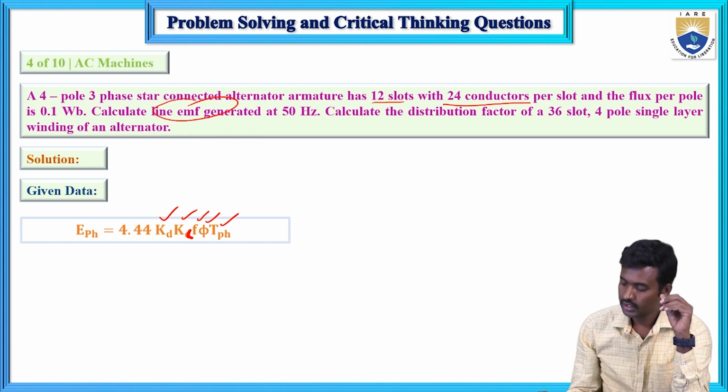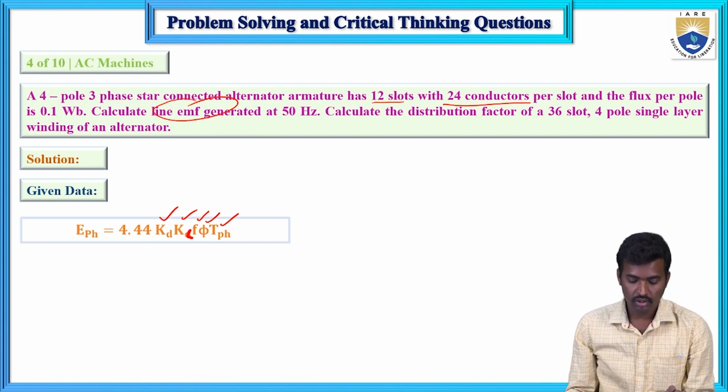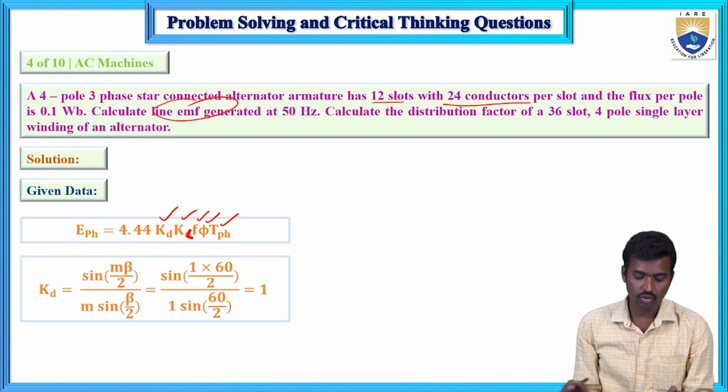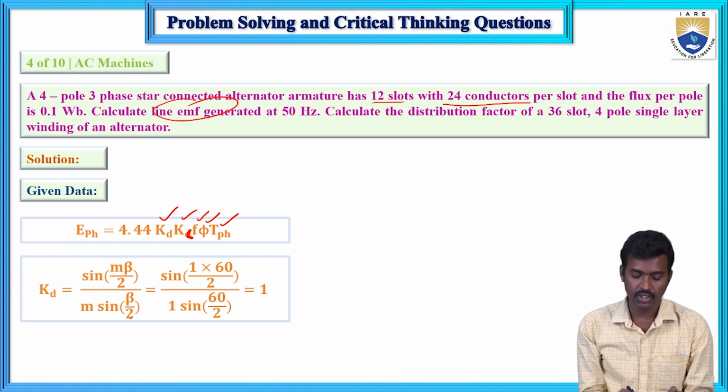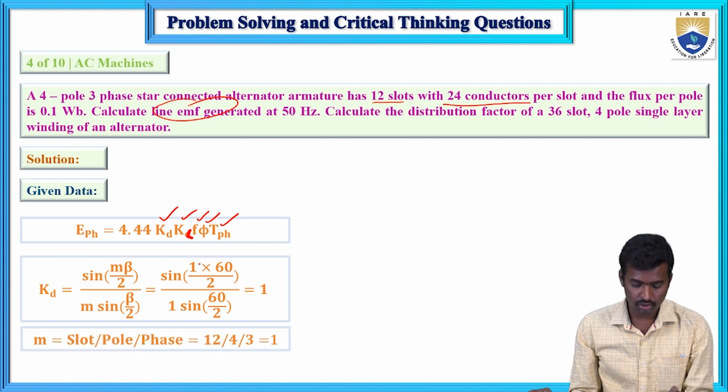So now let us see the individual terms here. KD equals sine m beta by 2, divided by m sine beta by 2. Now here beta equals 60 and m equals 1. Here m is the number of slots per pole per phase.